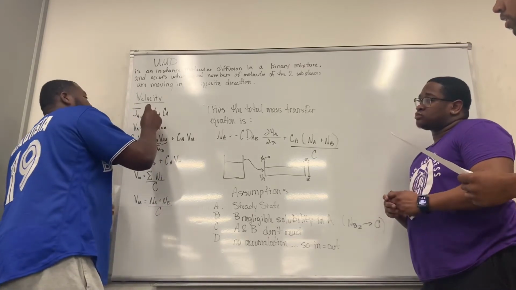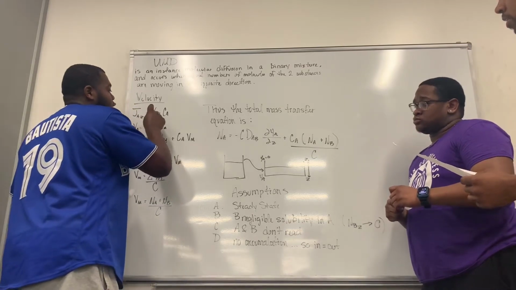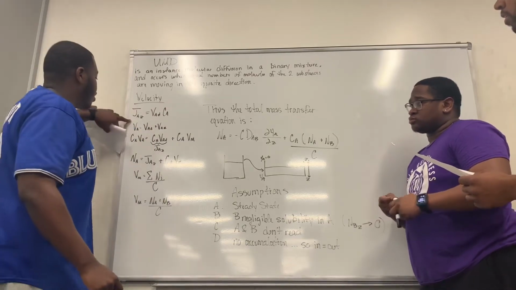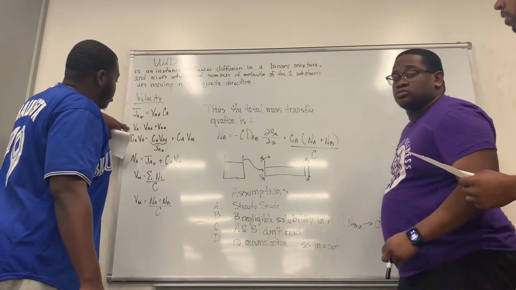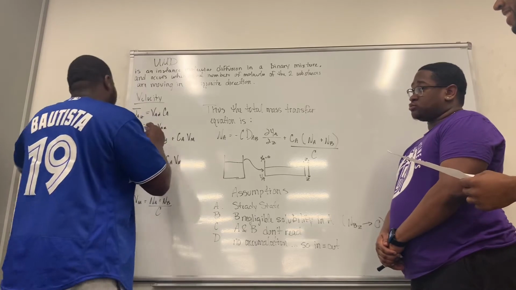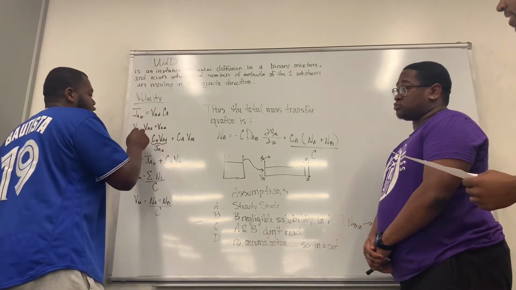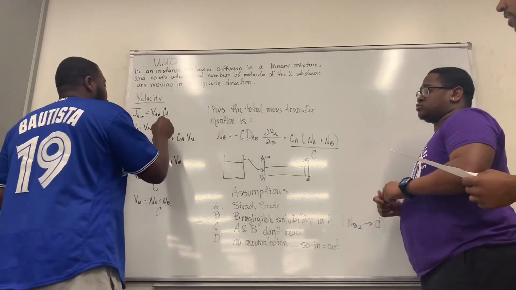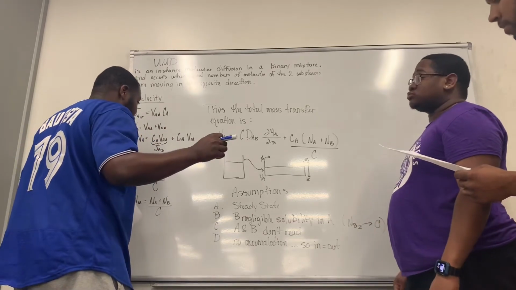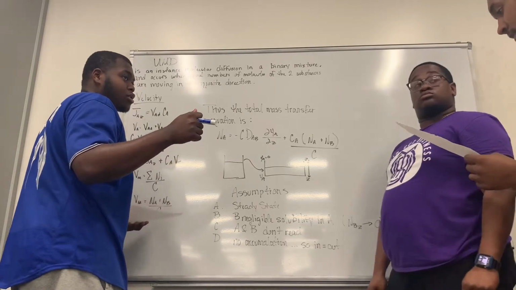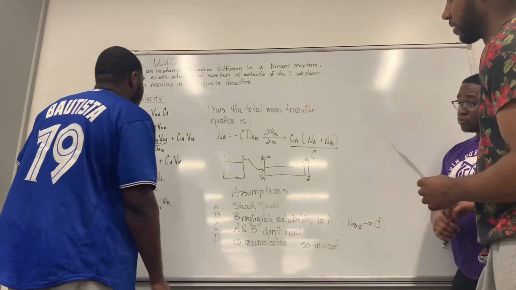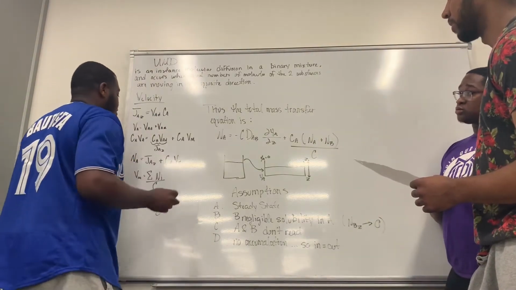We're going to assume that this is the velocity of solution A, and CA is the concentration of A. VA is the velocity of solution A, and VM is the molar average velocity of a mixture.